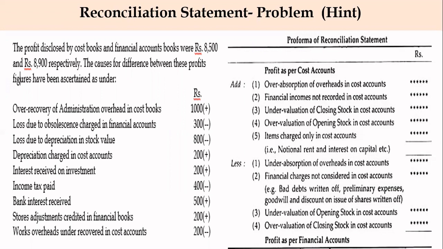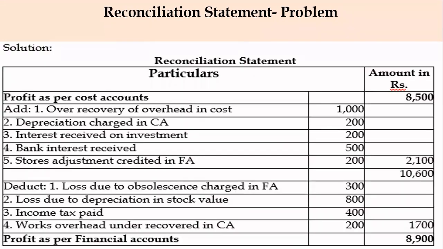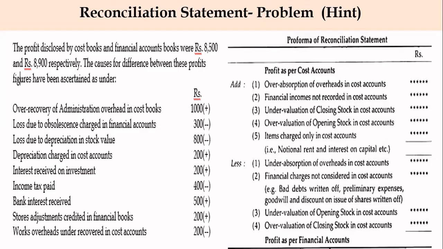When you add and deduct these items to the profit as per cost account, this will be the answer. You can see here in the column they have given both the profits. Profit as per cost account is 8,500 and profit as per financial account is 8,900.